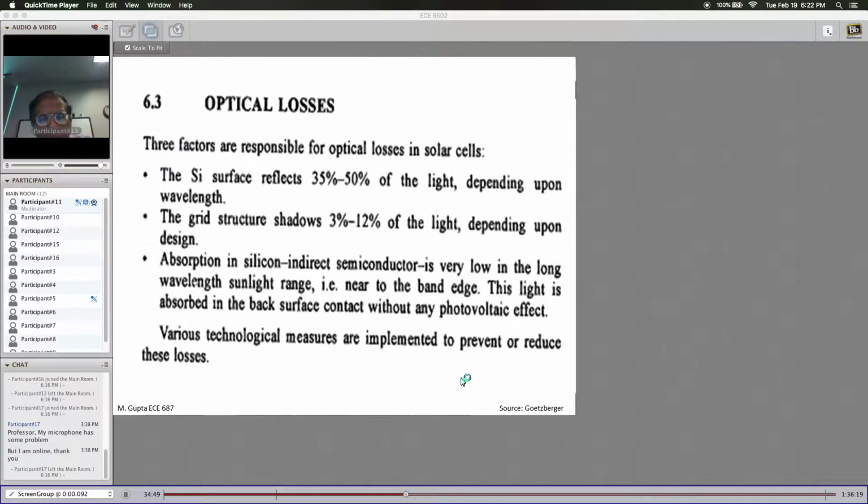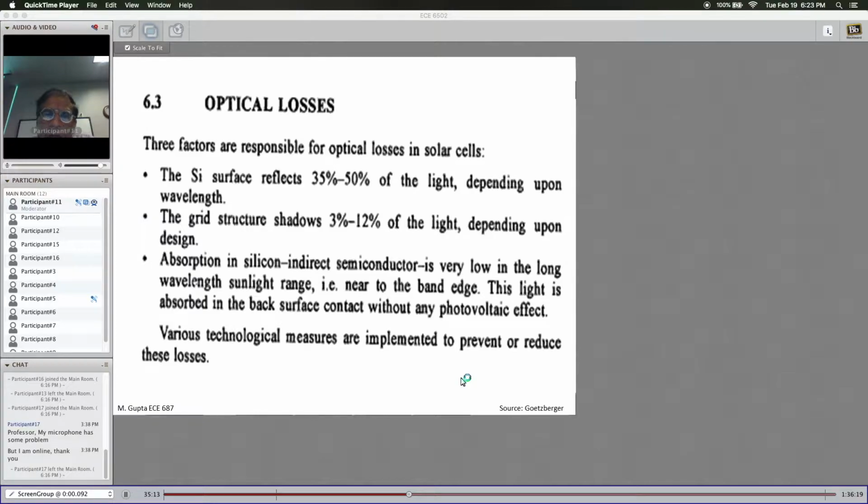The third one is near the band gap, where the semiconductor absorbs weakly. So wavelength around 1,000 nanometer is not completely absorbed in the 200 micron thick silicon wafer which solar cell people use.